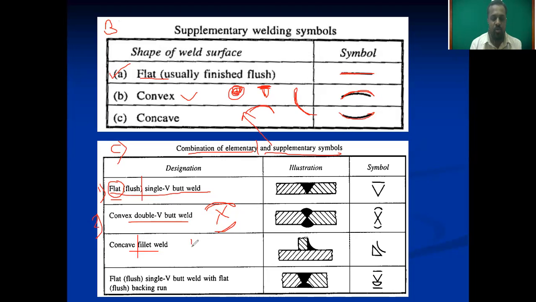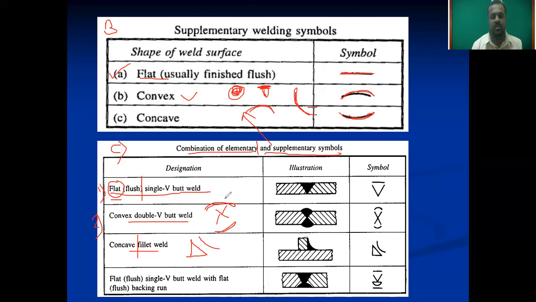We know the symbol for the fillet is like this. And what is the symbol for the concave? Like this or like this. Here we have to show like this. Simple. The surface of this fillet will be convex. Okay, now see, this is the combination of the elementary and supplementary.